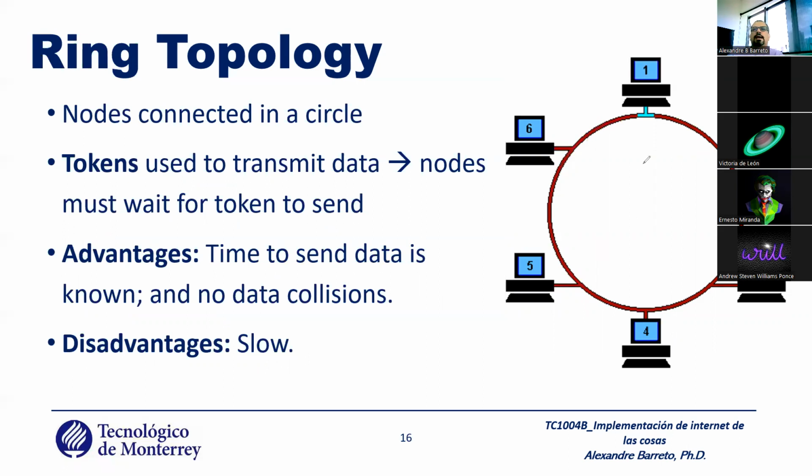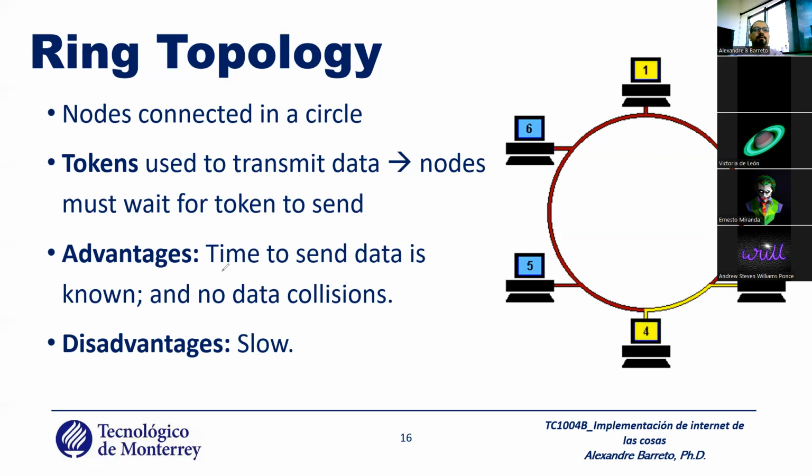For example, one node wants to talk, gets the token, and talks. When the token is with one, nobody else talks. When one stops talking, it releases the token, and the next one that wants to talk gets the token and uses it.